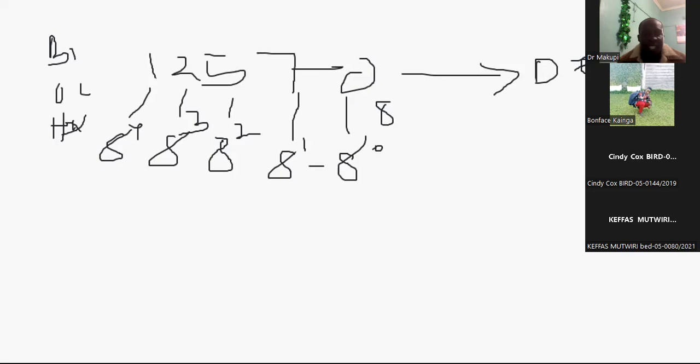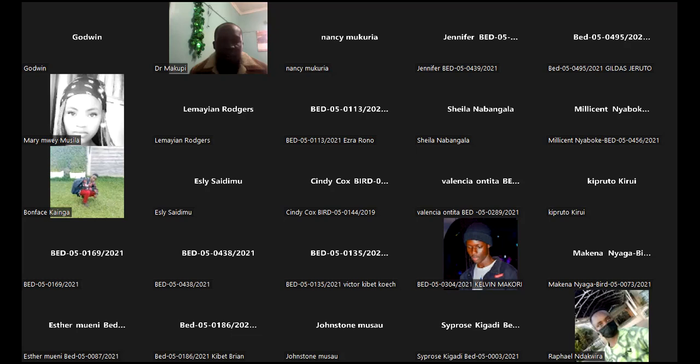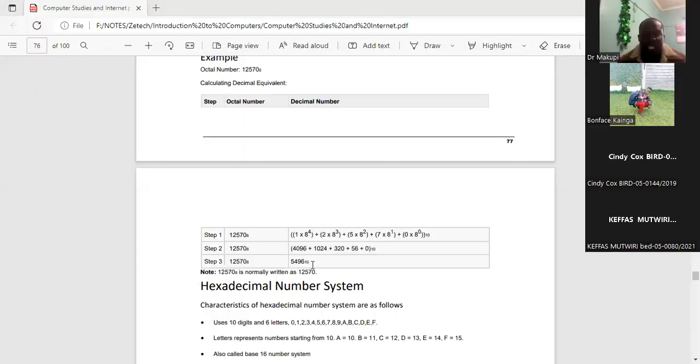And then you add, like that. So whatever you get will be its decimal equivalent. So we will be expecting 5496 base 10. I hope you can see these additions.